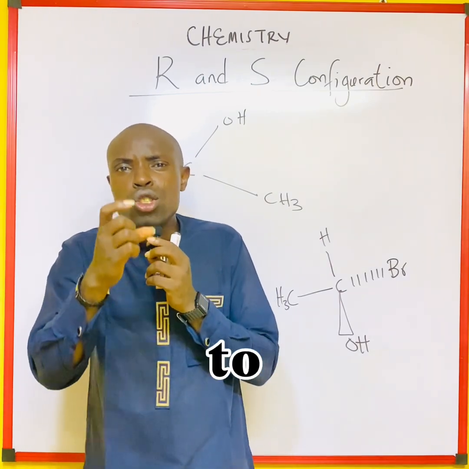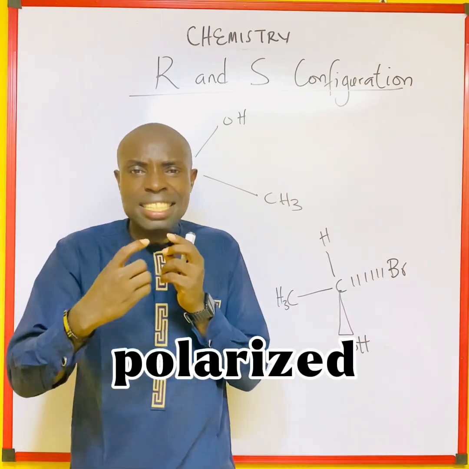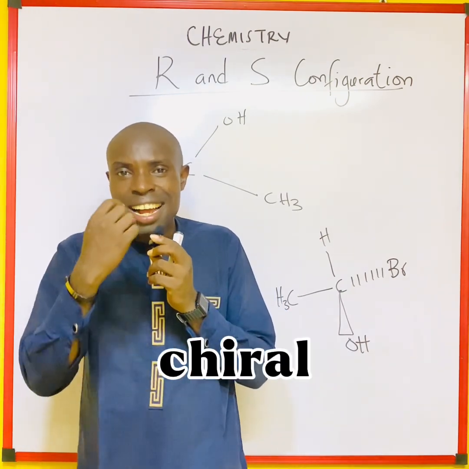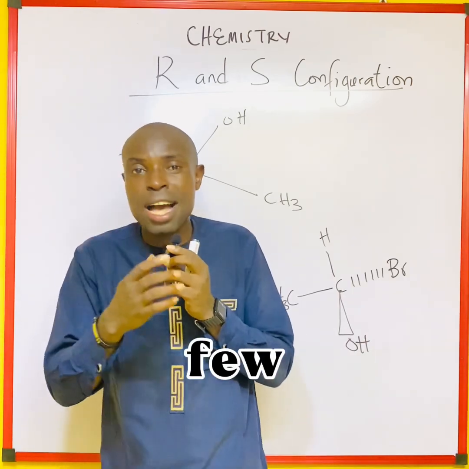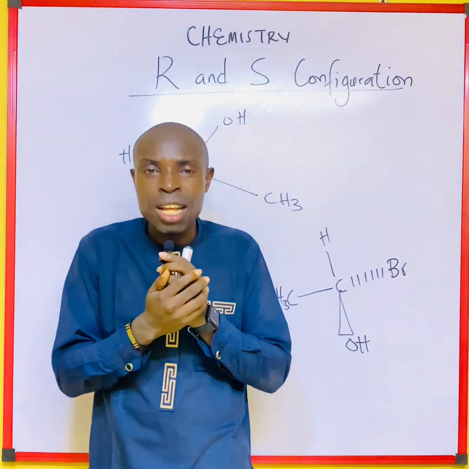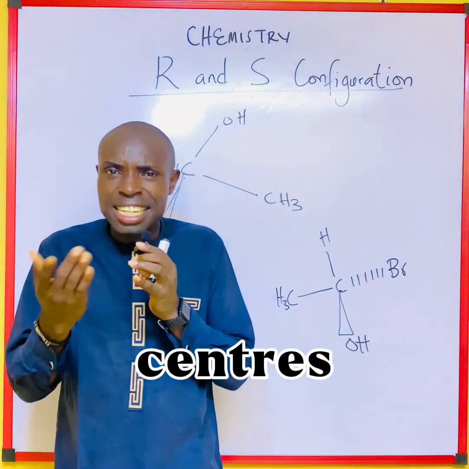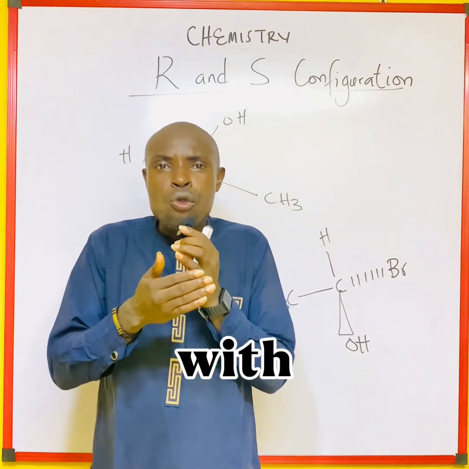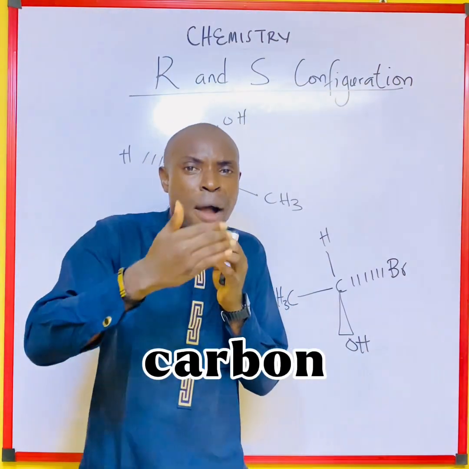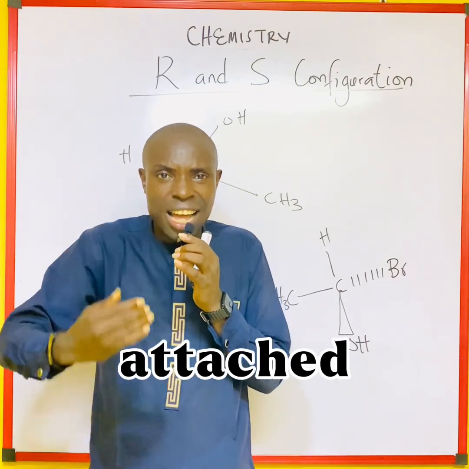And for you to be able to rotate the plane of polarized light, you must possess chiral centers or chiral carbon, even though we have a few exceptions. Now, when we say chiral carbons or stereogenic centers, it simply means a carbon having 4 different groups attached to it.